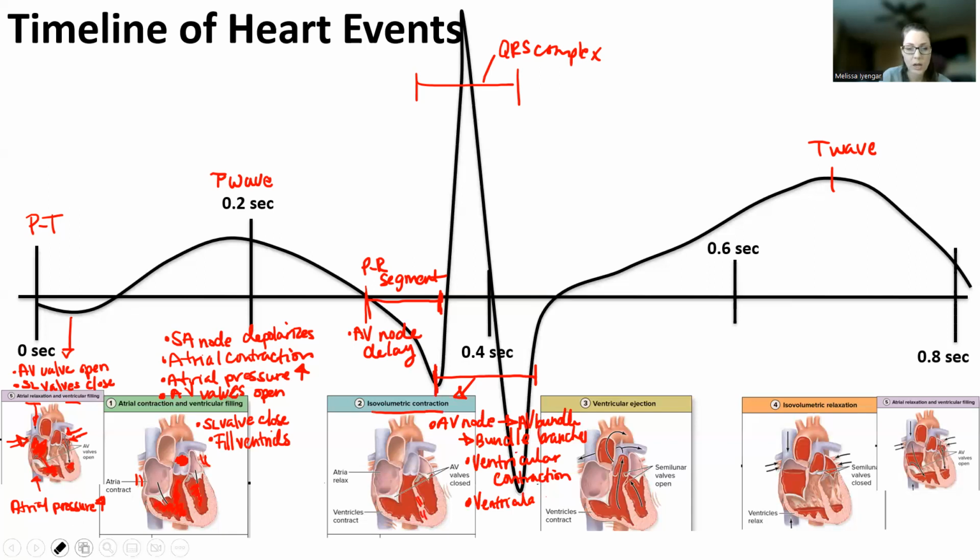Even though this slide is rather large, it was still not big enough to fit everything on here. Let's see if I can write it in black. So ventricular pressure, I'm just going to abbreviate, increases. Okay, so as ventricular pressure increases, you can see what happens. Our AV valves close. I should say AV valves. And the semilunar valves are closed.